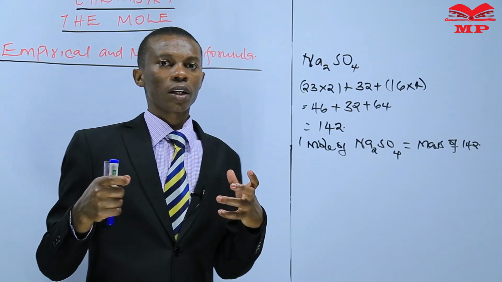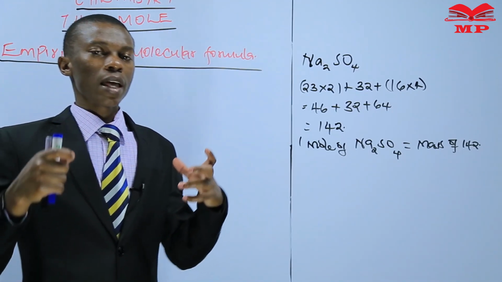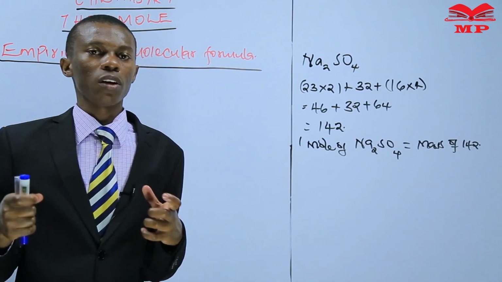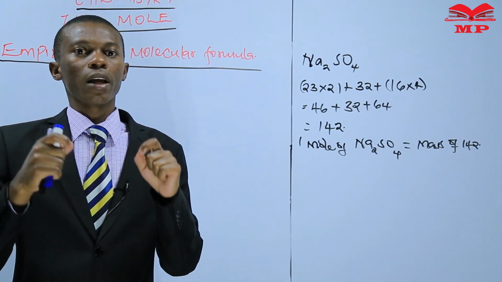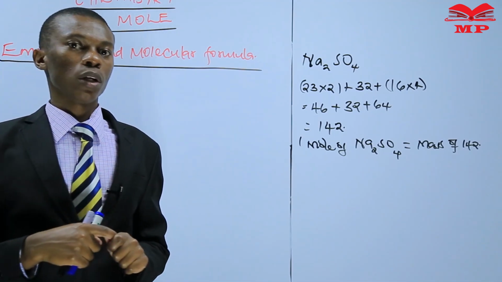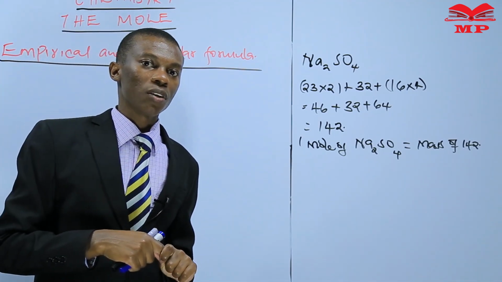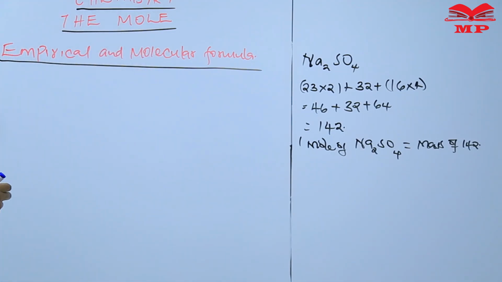In this lesson, we are going to focus on the empirical formula, and later we are going to learn about the molecular formula. Therefore, we start with the empirical formula.